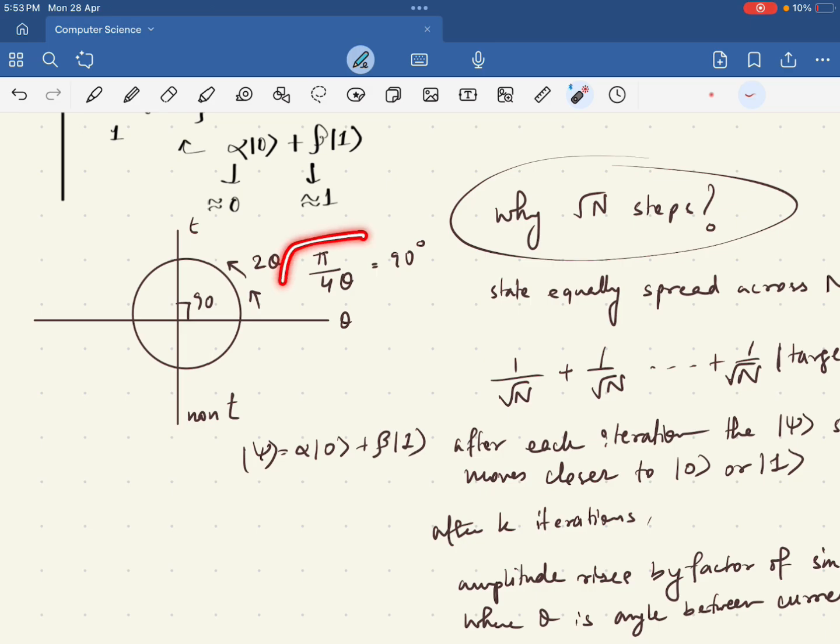That's why a pi by 4 theta rotation is required to get the maximum probability of the quantum state being 0 or 1, representing that the target is found or not found.